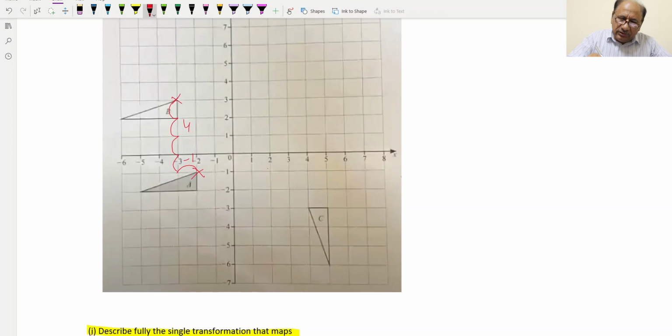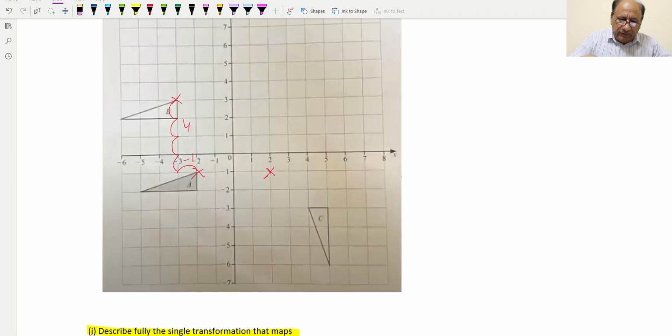We can use the tracing paper, or if you figure out this one, 2 and 1, and if we draw a line from this vertex, basically we can draw a line from this vertex.